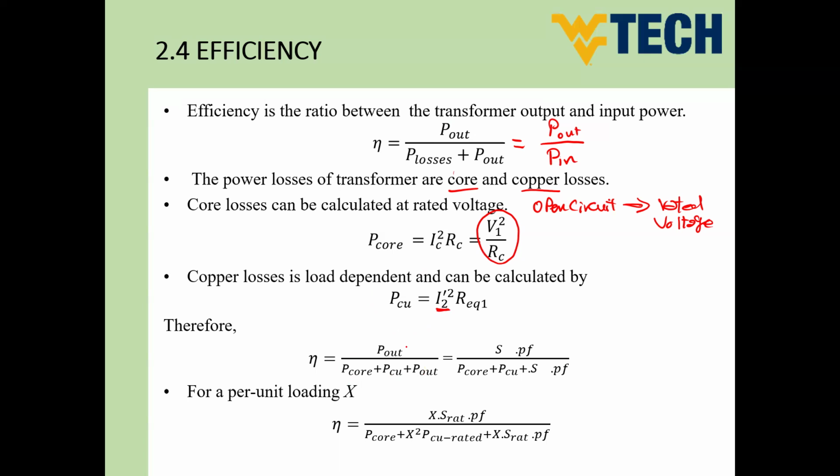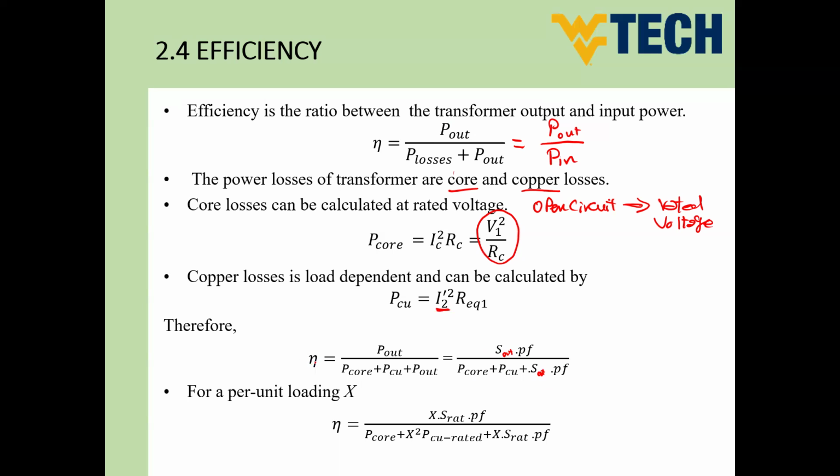If we consider the P out as a function of S and power factor, so it would be S output times power factor divide P core plus P copper plus S output times power factor. This is efficiency in general.